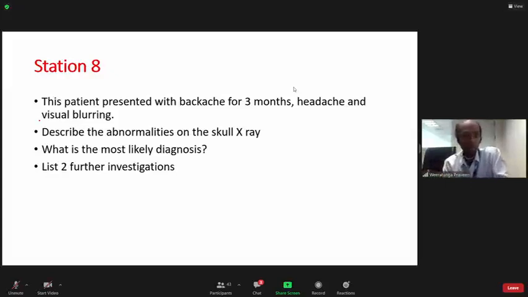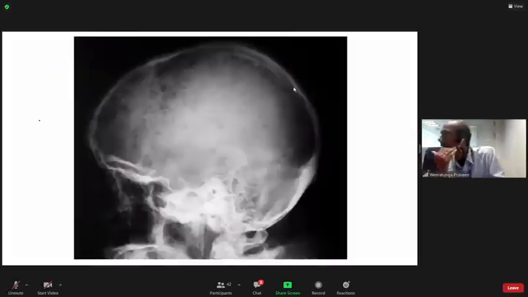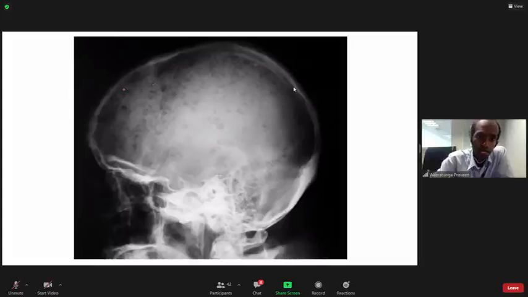Right. Station 8: the moment they say backache, headache and visual blurring and give you a skull X-ray, there is nothing else it could be but multiple myeloma. You can see this skull X-ray with multiple lytic lesions. In order to confirm the diagnosis of multiple myeloma, you need a serum plus or minus urine protein electrophoresis.